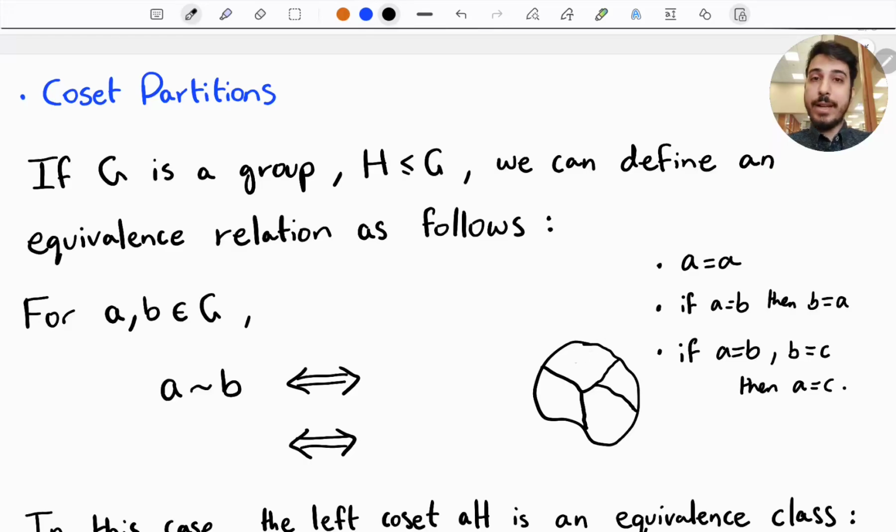So if an element is inside one of those pieces, it is definitely not inside another piece at the same time. So the intersection of all of these pieces is empty. So the relation here, a equals a, for example, we have that 3 is over here, and 6 minus 3 is over here as well. But 2, because 2 is not equal to 3, is in another partition in the set of integers, let's say.